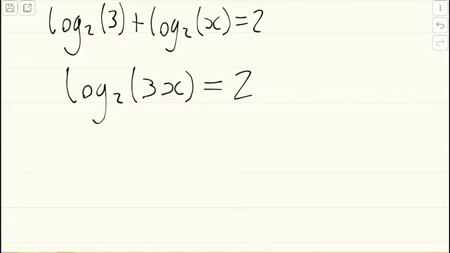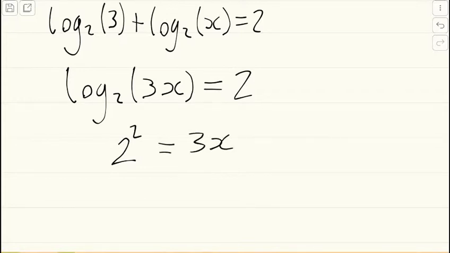If we think back to our definition of logs, to get from 2, that base, to 3x, we have to raise 2 to the power of 2, which is our answer. So we can rewrite that as 2 to the power of 2 is equal to 3x.